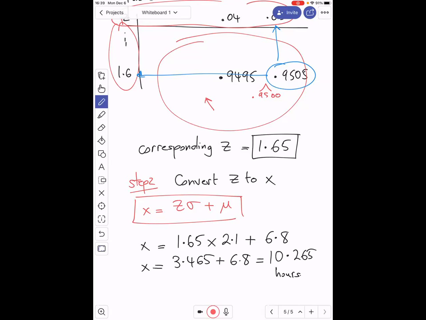Of course, this is the answer, but what about the interpretation of this number? What does this 10.265 hours mean?